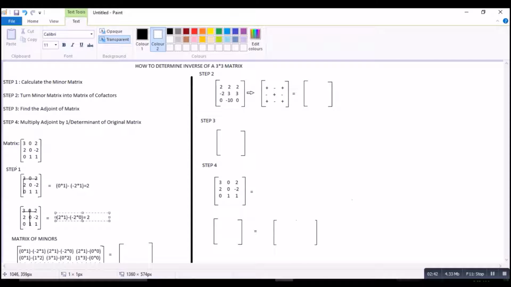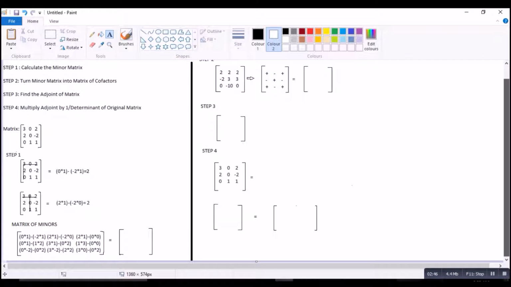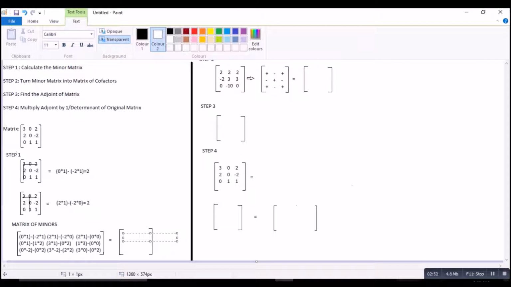Similarly, we will determine the rest of the determinants of the remaining positions, for which I have already written the equations right here, whose calculations give the values of the remaining positions.